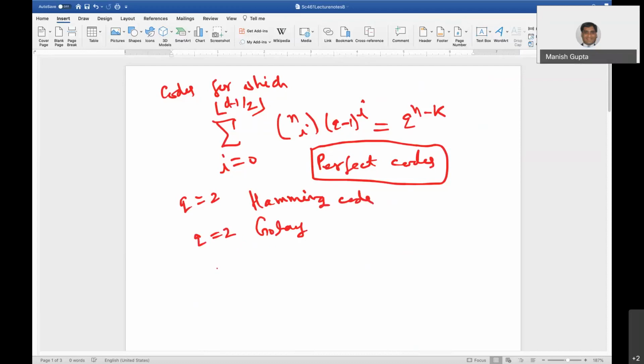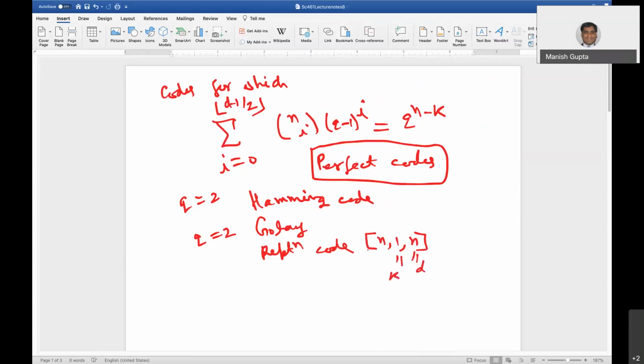A very trivial example is the repetition code, which is also a perfect code. You know the parameters of the repetition code: (n, 1, n), right? k is equal to 1, d is equal to n, and the length is n.